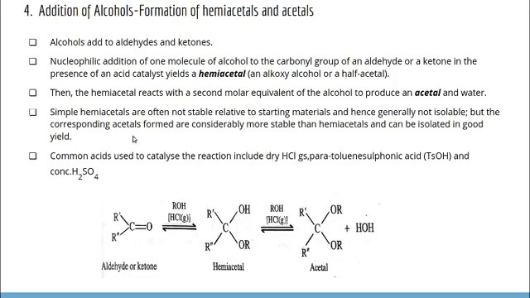But the corresponding acetals formed are considerably more stable than the hemiacetal. So the final product, acetal, is more stable compared to the hemiacetal, and we can isolate the acetal when we add alcohol to an aldehyde or ketone. The final product is the most stable one compared to the intermediate product, the hemiacetal.